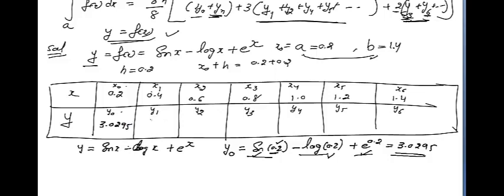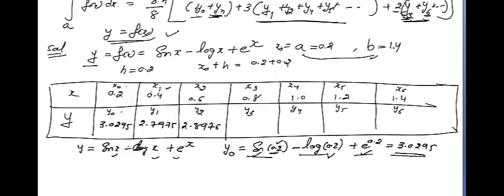So this is y1. When you take y1, you put x1 in place of x. The corresponding value of y1 will be 2.7975, and the corresponding value of y2 will be 2.8976.